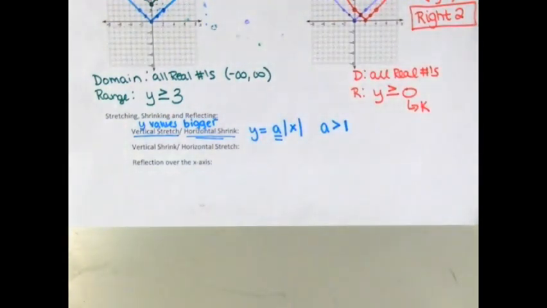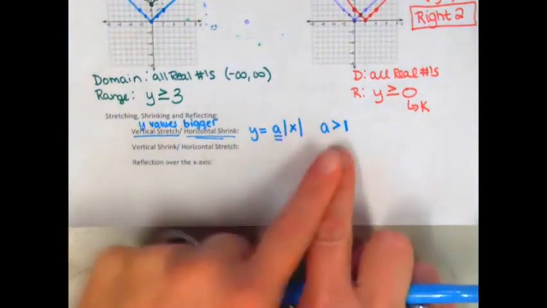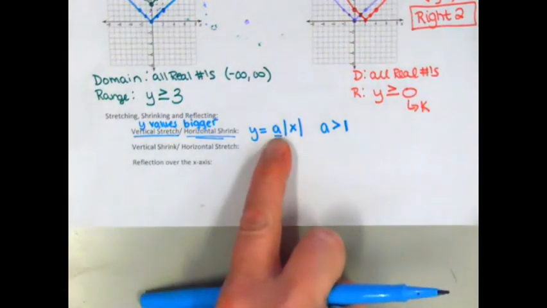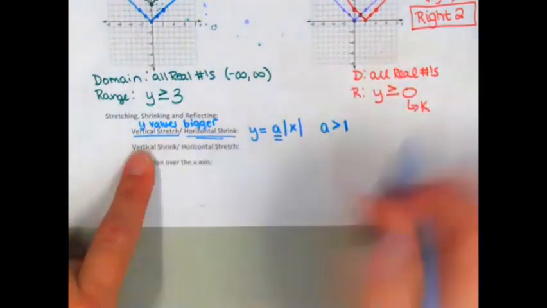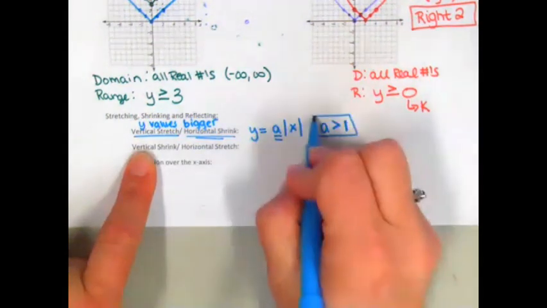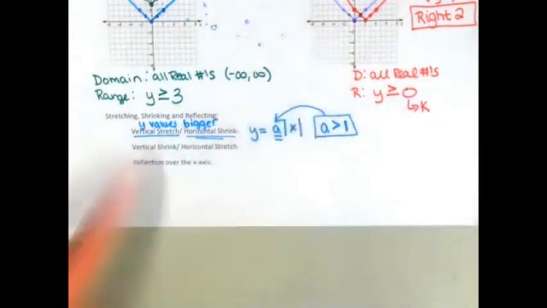Would 5 over 2 still be greater than 1? Yes. If I multiply by like 2 or I multiply by 3, doesn't my y values get bigger? Yeah, so that's why that is a vertical stretch. So if the number is greater than 1, it's a vertical stretch.